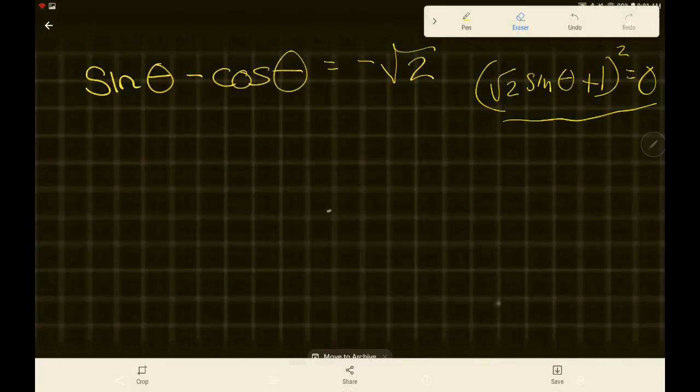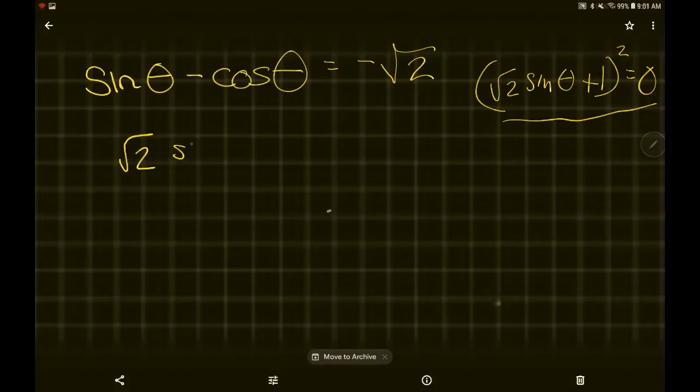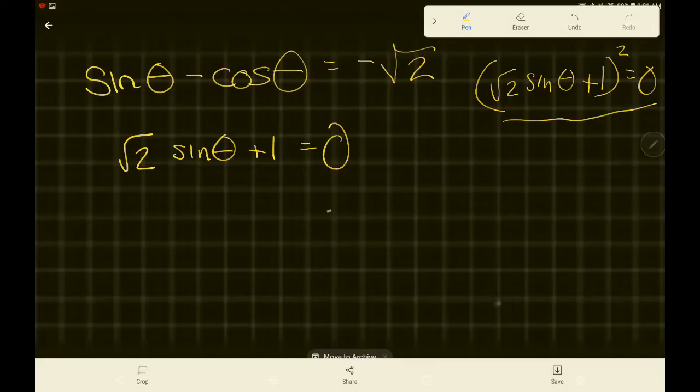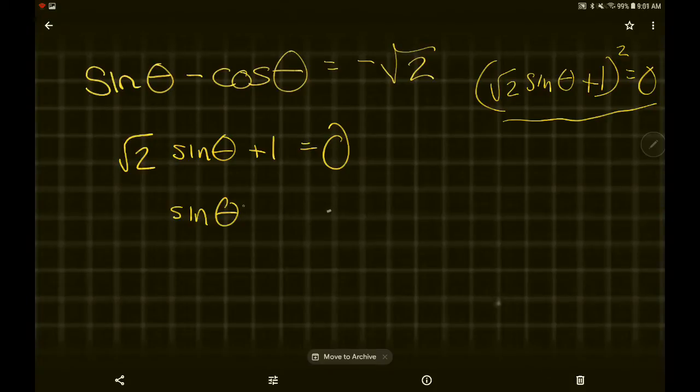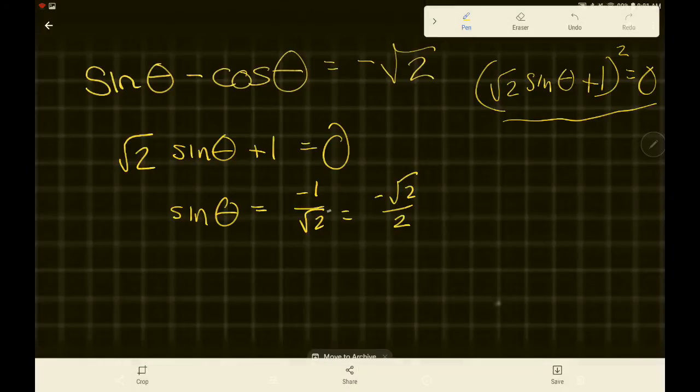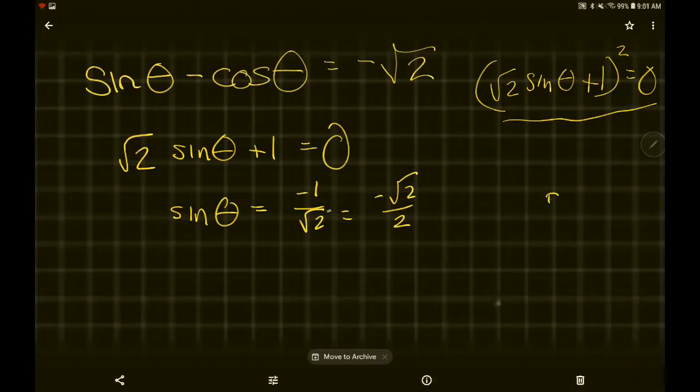All right, so our roots are going to come by saying square root of 2 sine theta plus 1 equals 0. Subtract 1 from each side, divide each side by square root of 2. We get sine theta equals negative 1 over root 2. That equals negative root 2 over 2. And of course, sine theta in the first quadrant equals root 2 over 2 at the angle pi over 4.